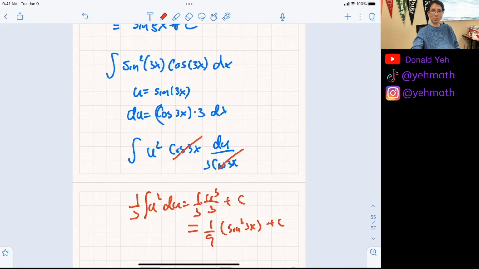So let's show you what kind of question you would have here. What would u have to be here? Anticipate. What are the options? You go to sine of x, you go to cosine of x, you go to cosine of cosine of x, or you go to cosine of x times sine of x. There's only 4 options, but one is the best.